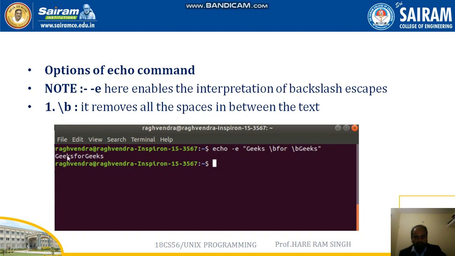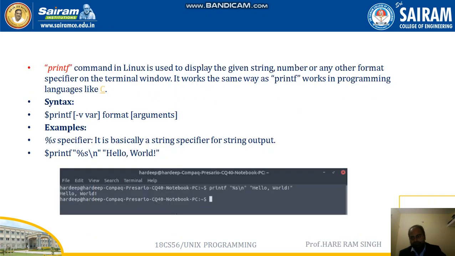Suppose here: echo minus e "geeks\bfor\bgeeks". What backslash b does is it removes all the spaces among the words, like geeksforgeeks. Here all the spaces are removed.